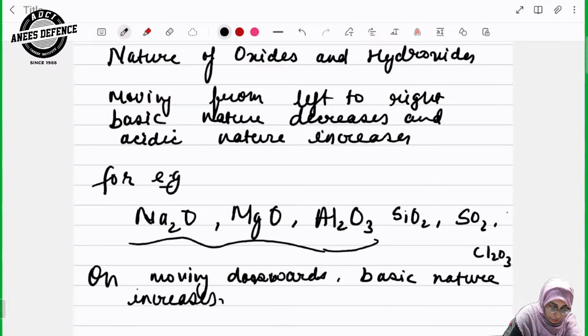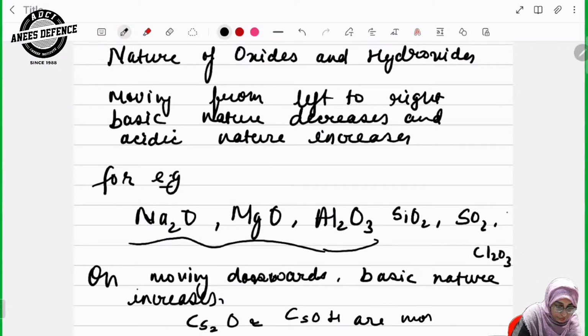For example, in group 1A, Cs2O is more basic than Na2O and MgO. So Cs2O and Rb2O are the most basic, because they are at the bottom of the group.